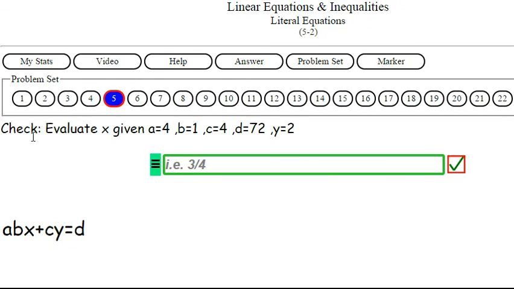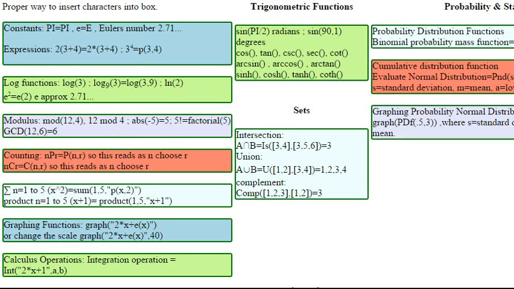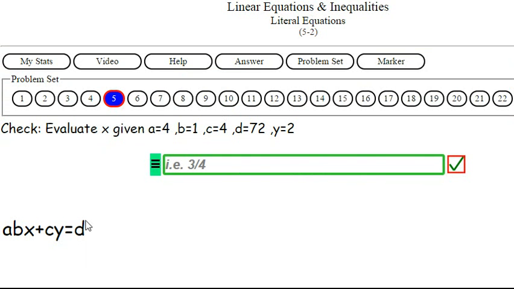So remember, check is for the green check box. If you highlight it, it says green check box. I did that because when you click on the help up here, it gives you kind of instructions on a lot of the things. There's a lot of things you can put in here and get some answers out of.